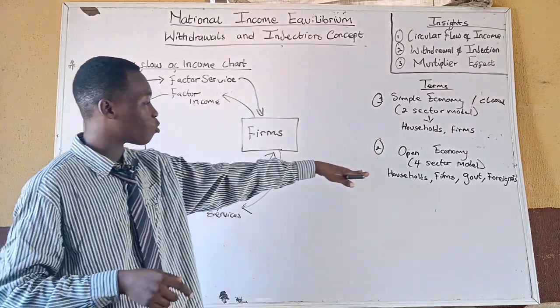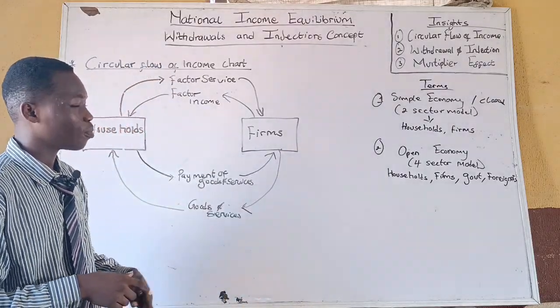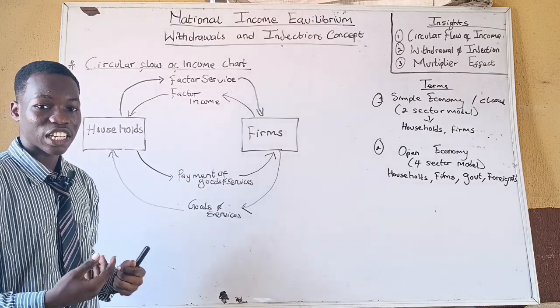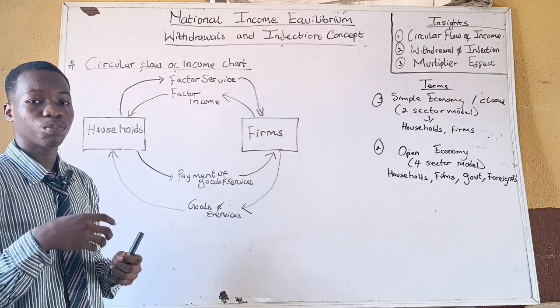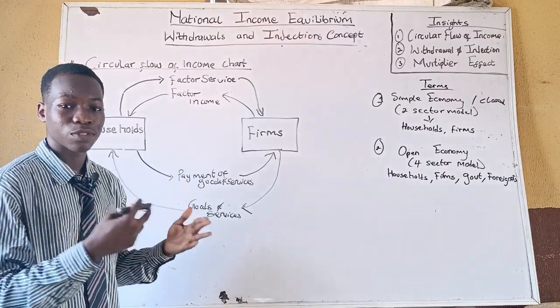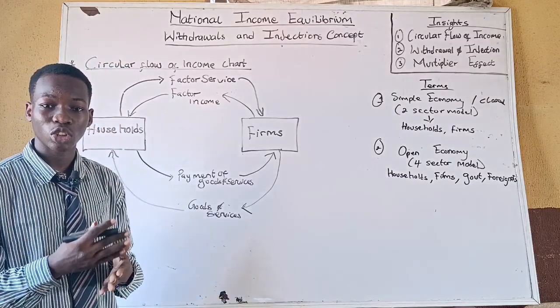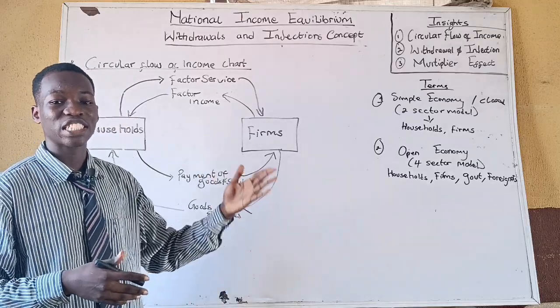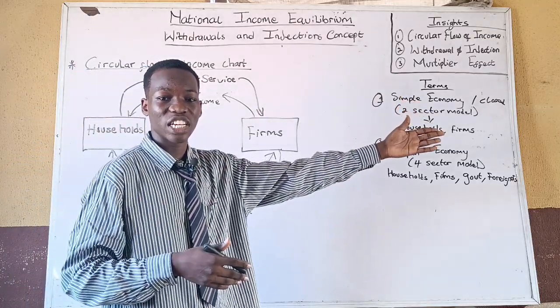Now, when we add government to it, when government collects tax, it is an income to the government, and when government makes some expenditure, like building roads and construction, it also generates income for another person. Do you get it now?